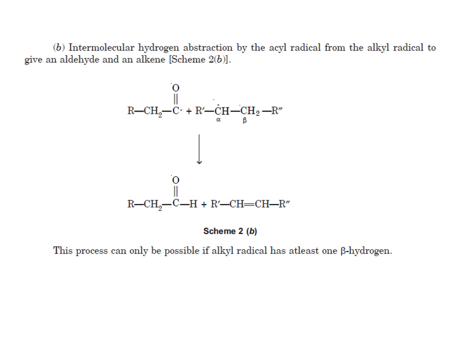This acyl radical can abstract a hydrogen from the beta position and produce an aldehyde and an alkene. So this is basically the intermolecular hydrogen abstraction from this alkyl radical by this acyl radical, and this process is only possible if the alkyl radical has a beta hydrogen.